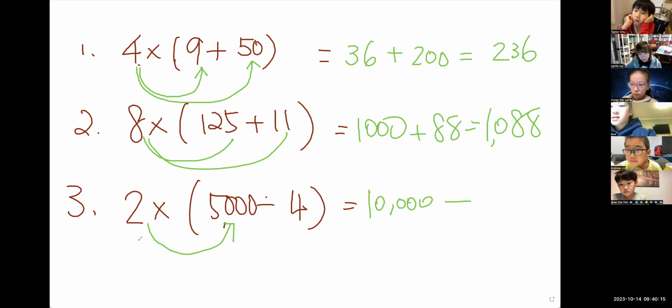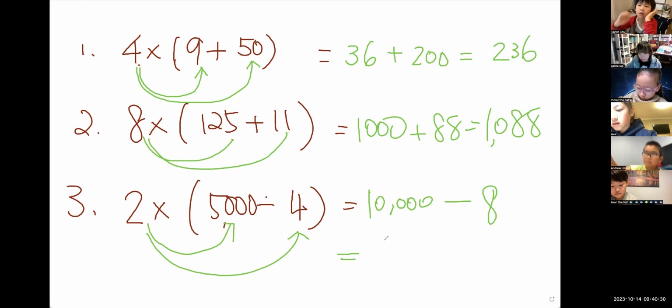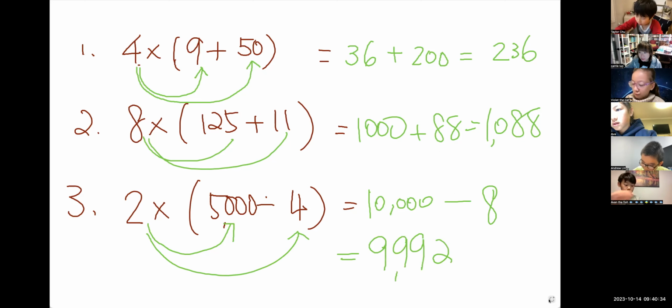Very good. But minus what? Minus 4 or minus 8? 8. Very good. Minus 8. So 10,000 minus 8 equals what? Equals 9,992. Okay, get it, everybody?